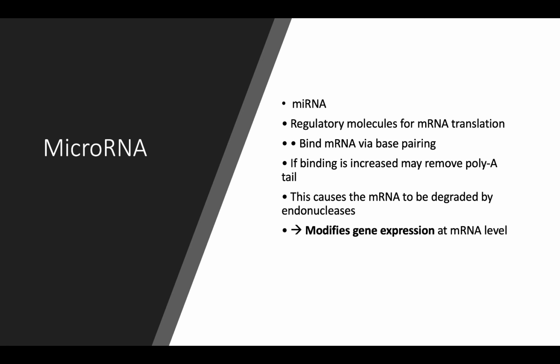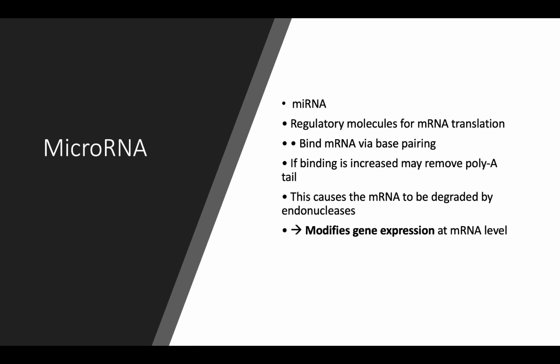So this is something you can use to regulate gene expression at the RNA level, not the DNA level. At the DNA level you do it at the promoter region, or through proteins, enhancer signals, silencer signals and so on. Everything we discussed before was at the DNA level.